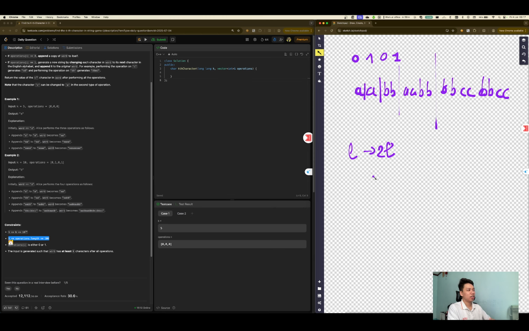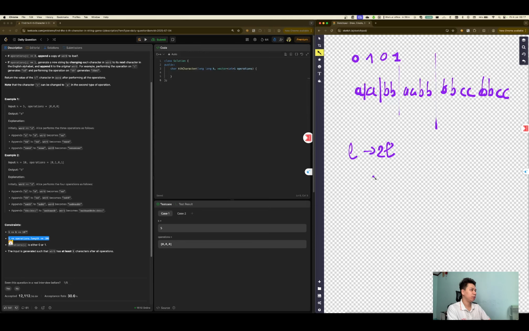Why use this operation here? This is equal to 2 to the power index, and does it overflow? No, because K is small, and I mean 46 is really small. We can use this bit operation because a long has 63 bits.